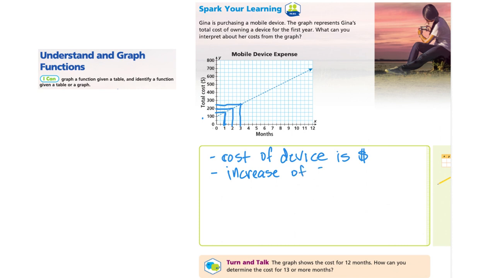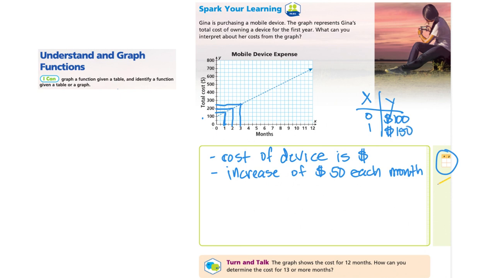So it's an increase of $50 each month. So that tells you something. And you could do this in a table if you wanted to make X and Y. And then you could see that at 0 months it was $100. At 1 month it was 150, and so on. So then you'll be able to see that pattern of an increase of $50 each month.